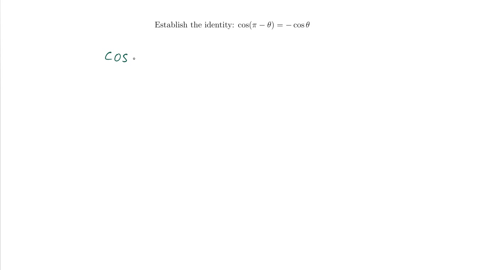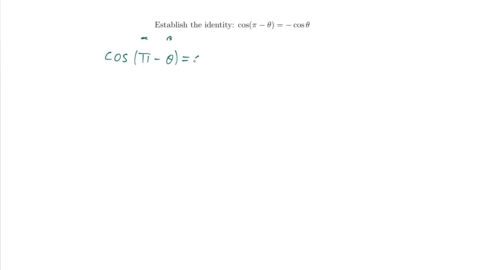So let's write down the left-hand side, cosine of pi minus theta. Okay, well this is cosine of one angle minus another angle, so let's just use our difference formula for cosine. Pi is the alpha and theta is the beta in that formula.